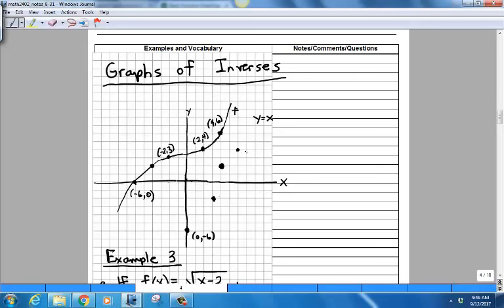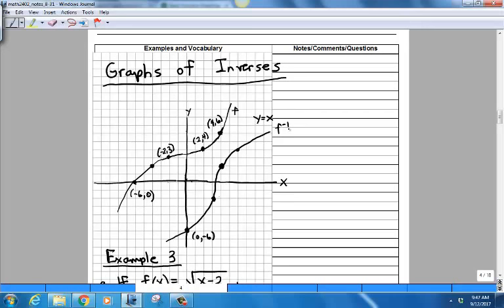Now, if you can, try to connect those dots with a smooth curve. And what you're going to get, if you plotted some more dots, is a picture like this. There's the graph of f inverse.